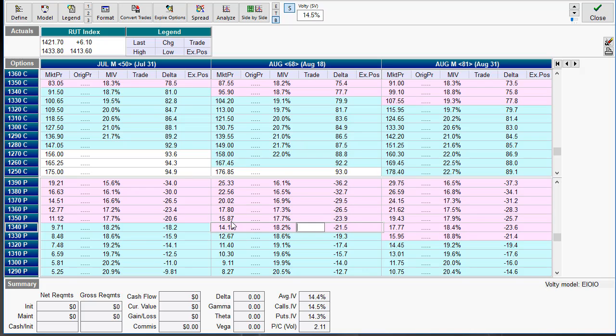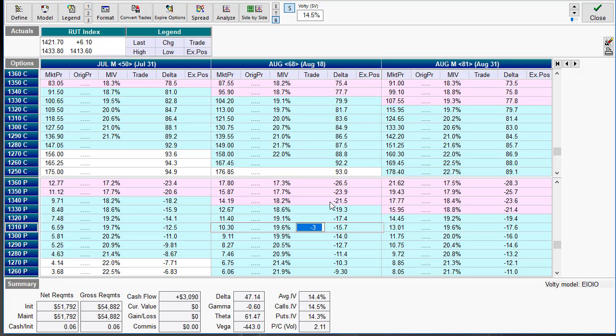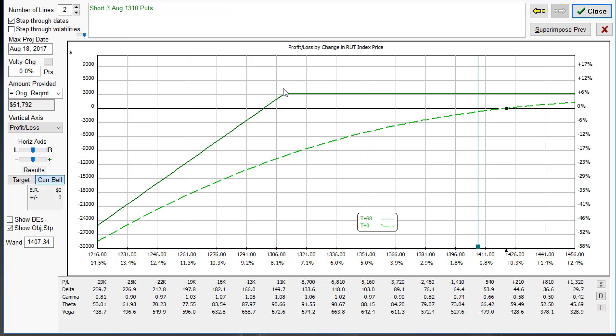So if we look right here, if this option is going to transact for $14, or we'll come farther out here, say $10. That's a much easier number. So if I say I sell 3 of them, right? So if I sell 3 of those, I'm going to generate a $3,000 credit into my account. But yet, if I want to finance the sale of those $3,000 worth of options, right? Because that's what I'm doing.